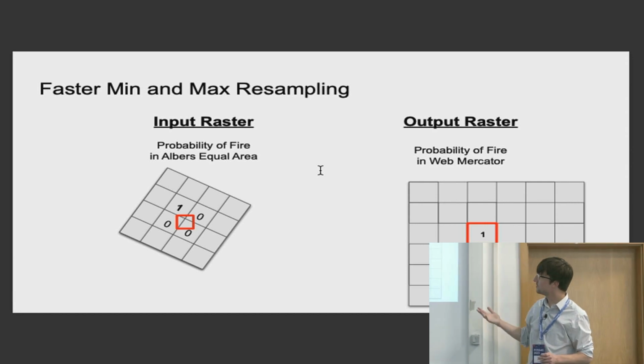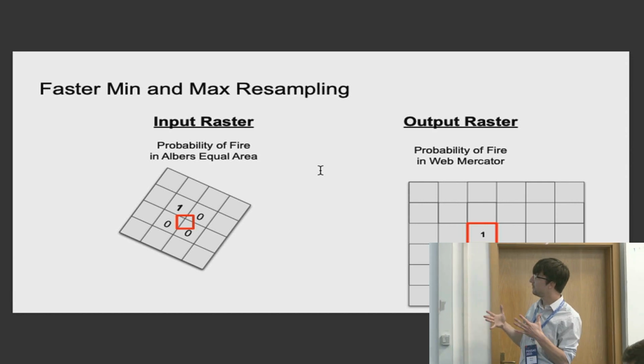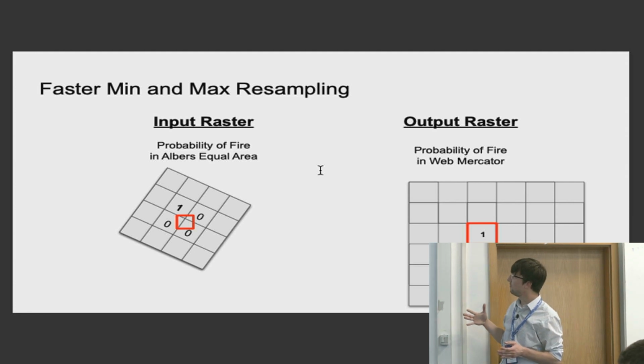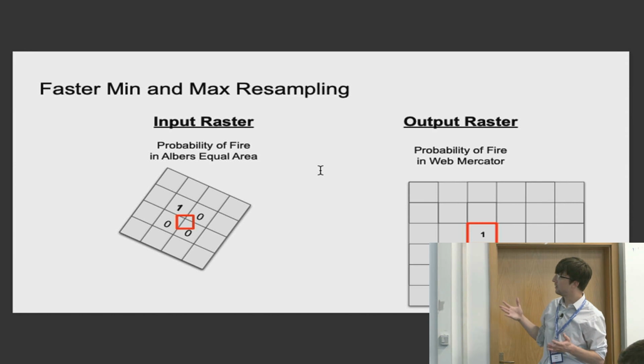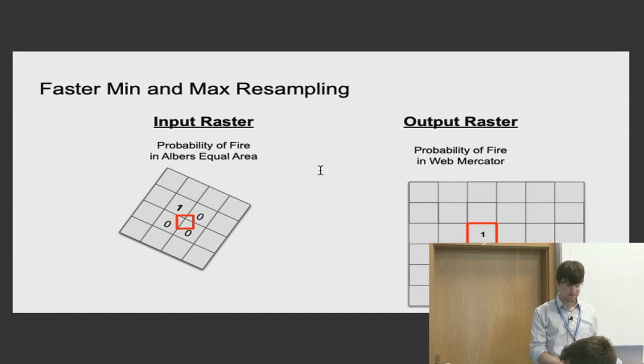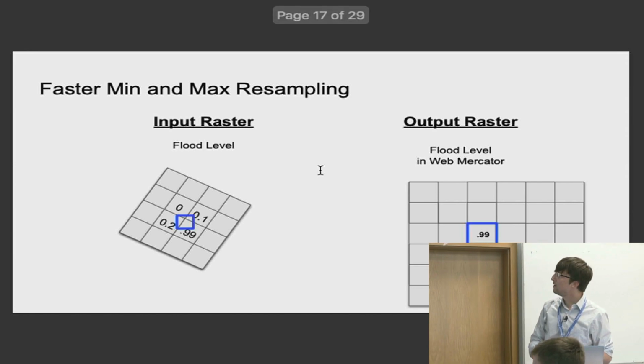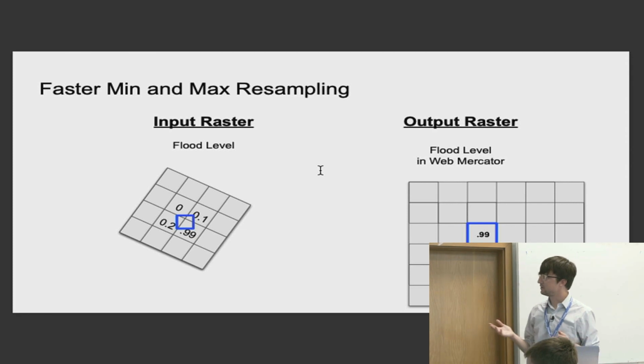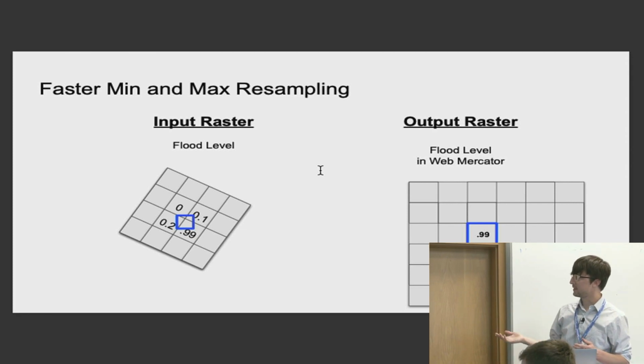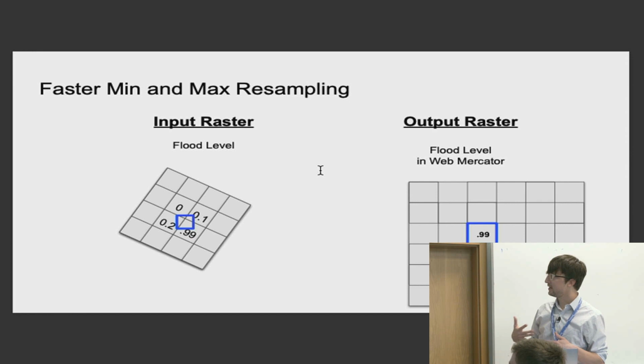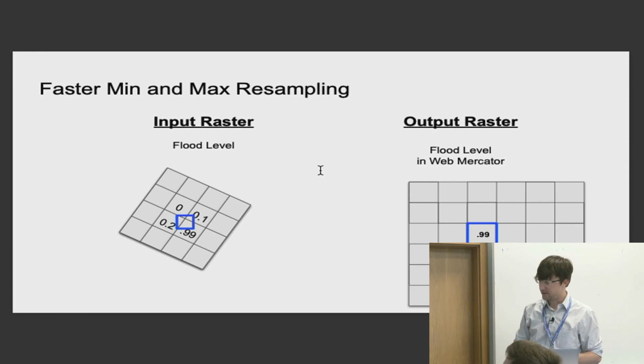If we're doing max resampling, for example, if we want to figure out whether there is wildfire in this pixel, we want to choose the highest number. Another example is if there's flooding in a pixel, and we want to know if there's flooding in that area, we'll want to pick the max value probably.